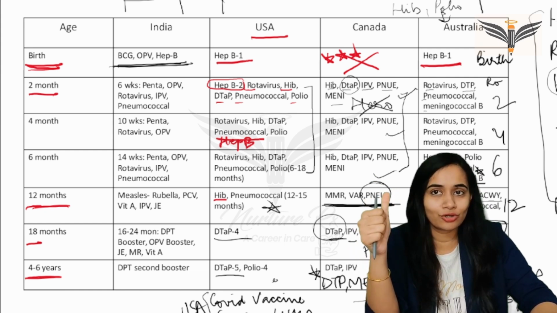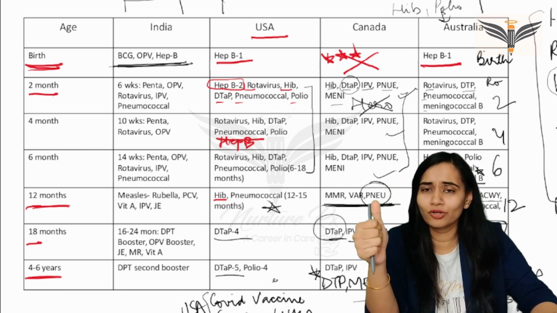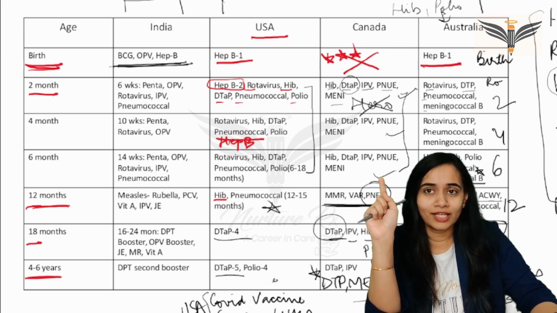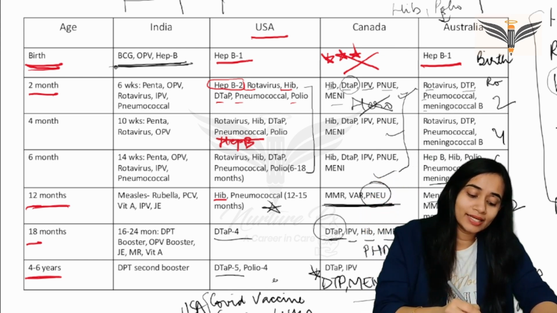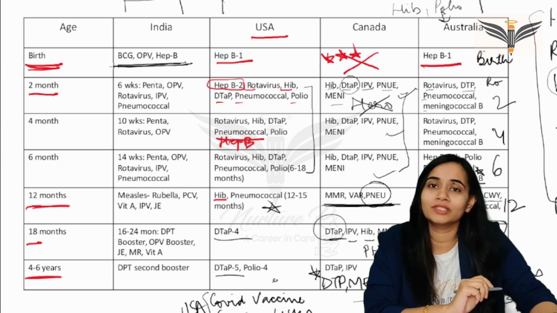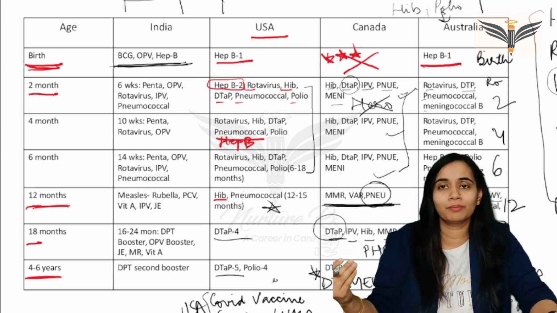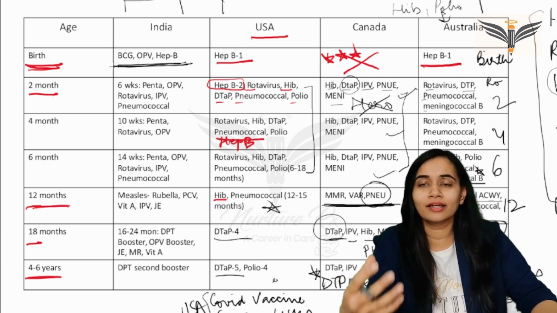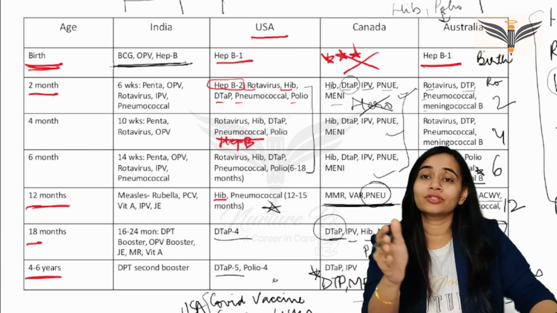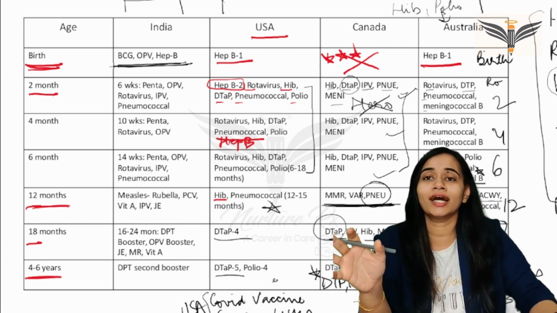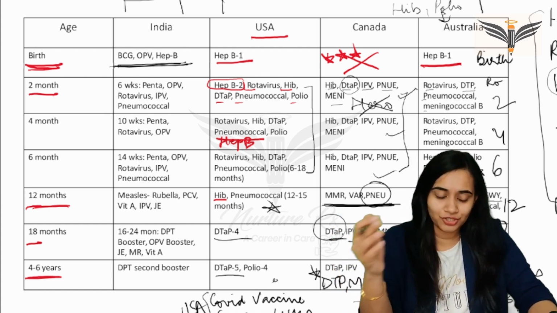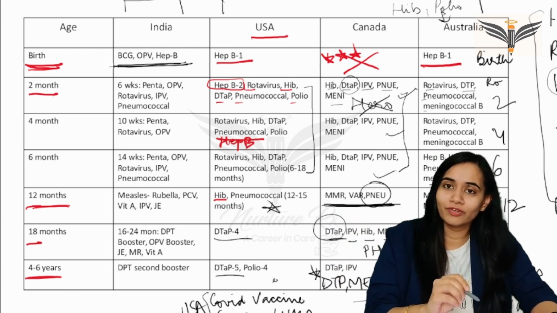The first is your oral polio vaccine, the 2 drops that are given, that you have to remember. Next is your BCG vaccine. What is BCG vaccine for? For the protection from tuberculosis. Since we know that in India tuberculosis is very prevalent, the BCG vaccine is given immediately at birth to protect the child from the surrounding infection. Okay, so BCG and OPV is done.